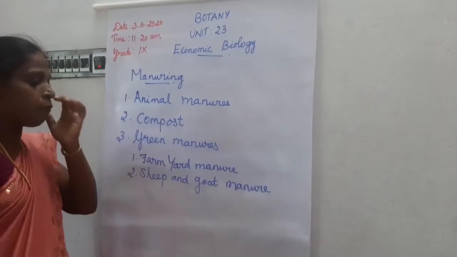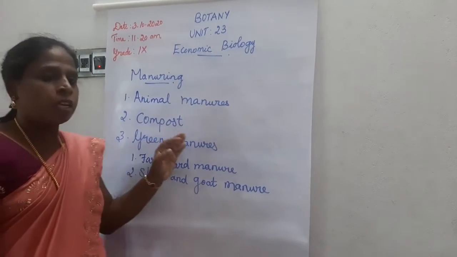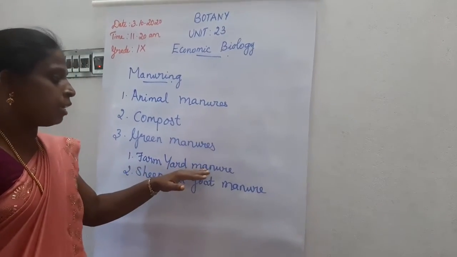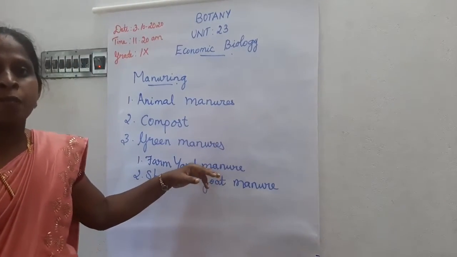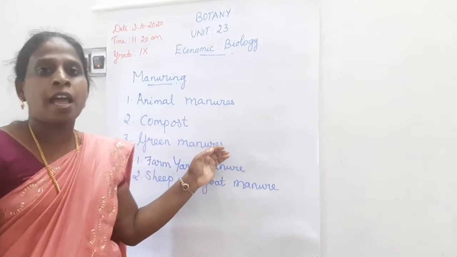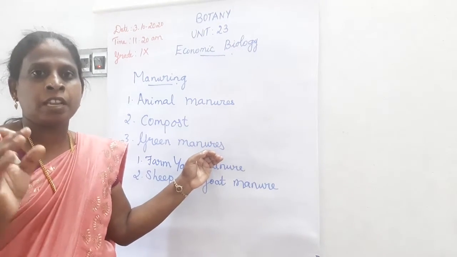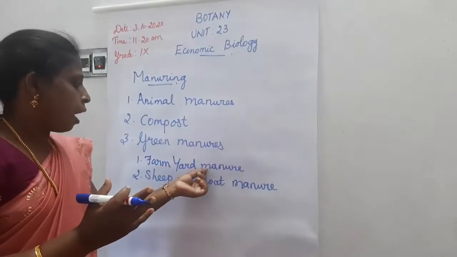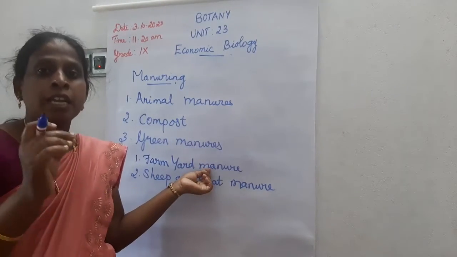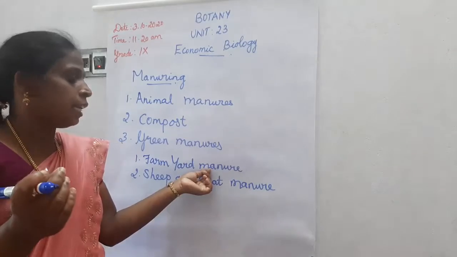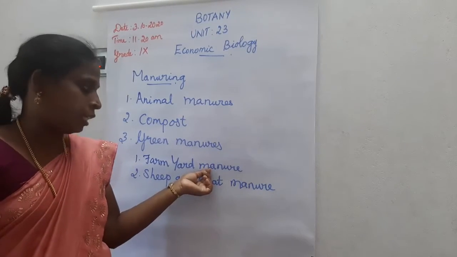The first one is farmyard manure. What does farmyard manure mean? It is a mixture of animal feces, urine, litter materials and other dairy materials.